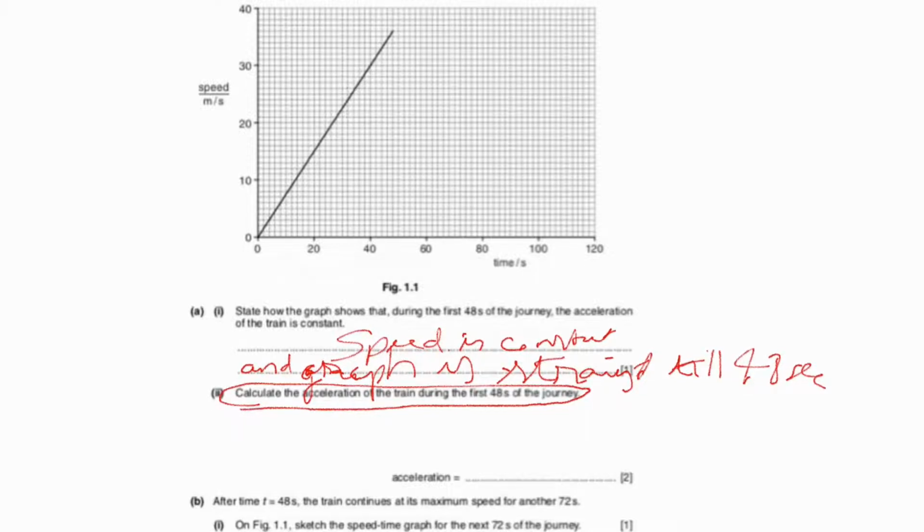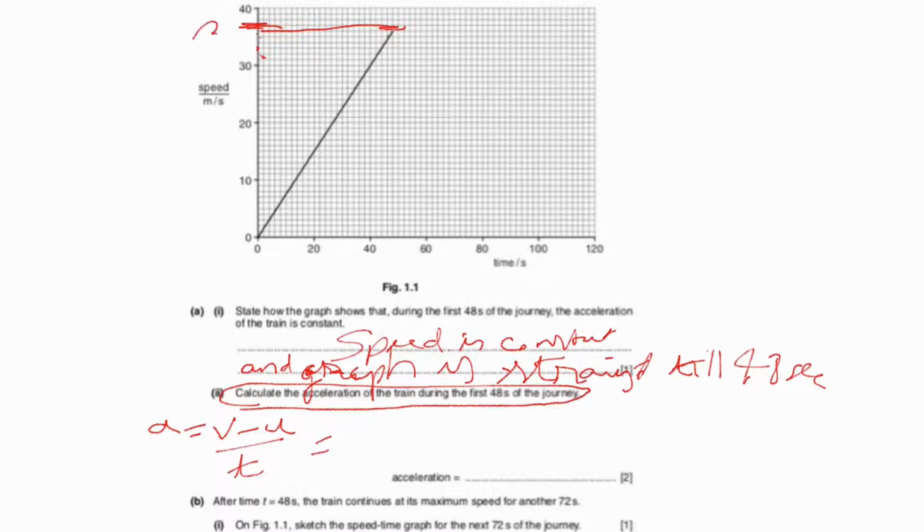So acceleration means change in velocity upon time. So acceleration equals the rate of change of velocity, meaning final velocity minus initial velocity upon time. So final velocity v minus initial velocity u upon time. As you can see in this question, the final velocity is 30 here, this point we will coincide with the y-axis and see 30, 31, 32, 33, 34, 35, 36.